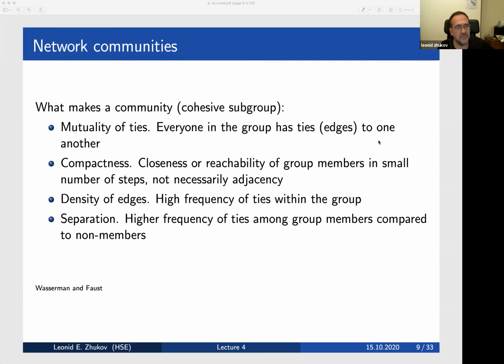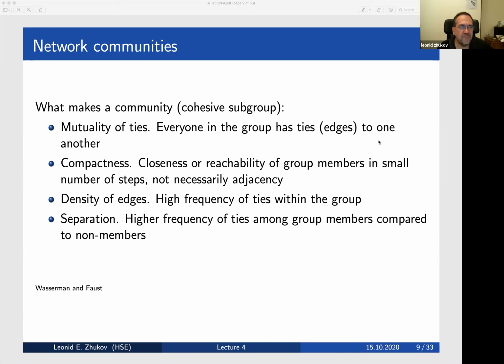Then there is density of edges, which is a high frequency of ties within the group compared to the ties to outside of the group. And it's also kind of separation. So a lot of ties inside, few ties to outside, right? Okay.